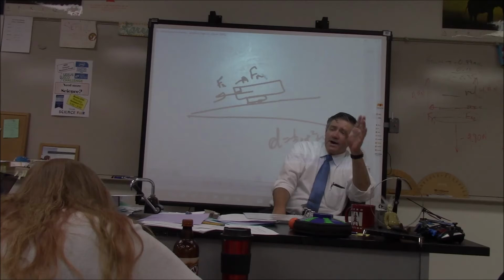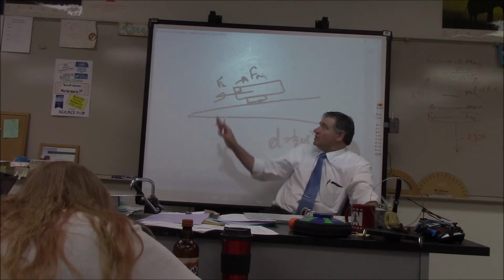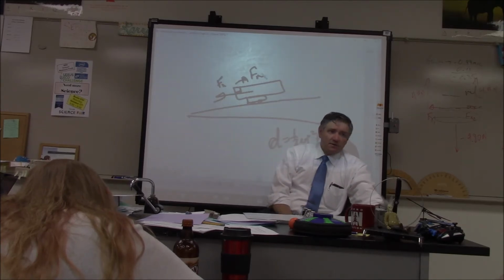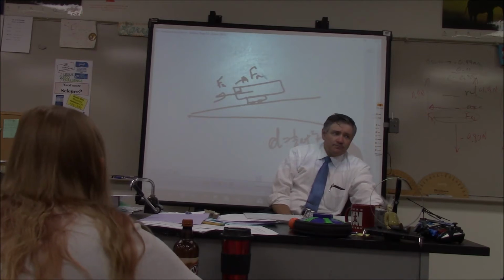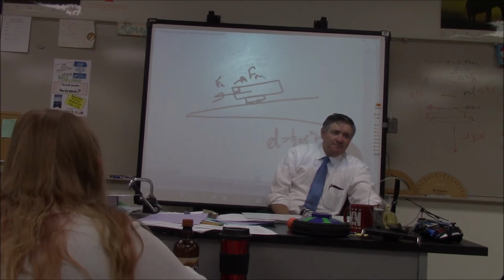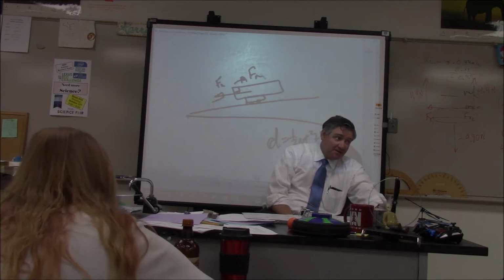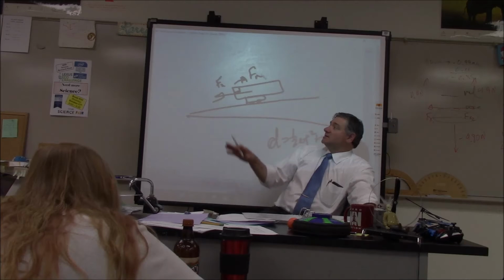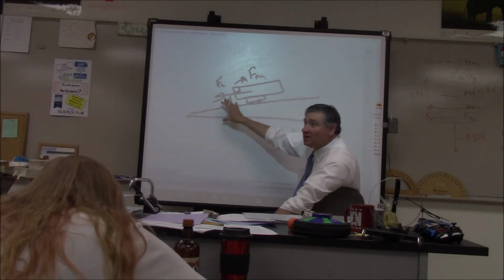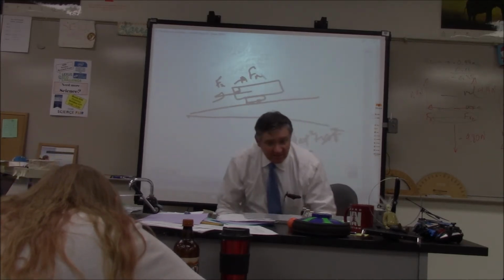Now, what happened to your times when you put that magnet in there? Hopefully they got bigger. If they didn't, something went wrong. Okay? So at that point, again, you can calculate your acceleration.